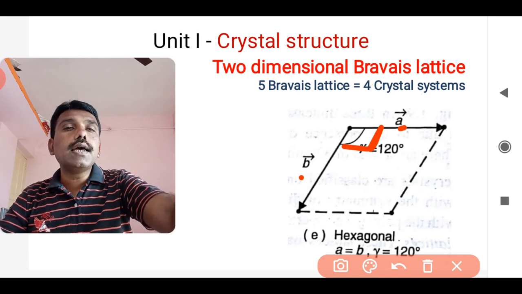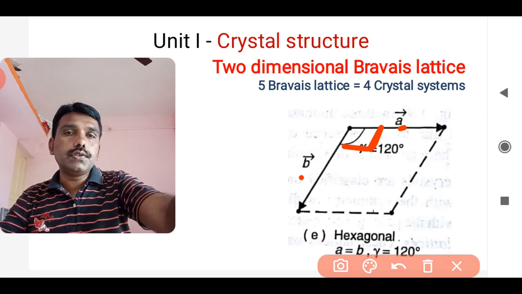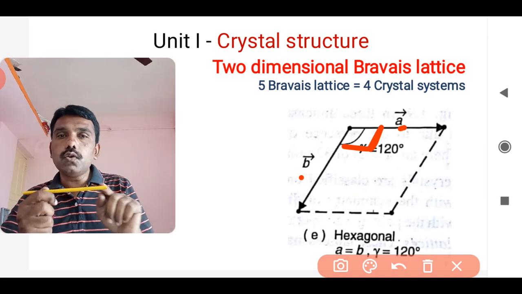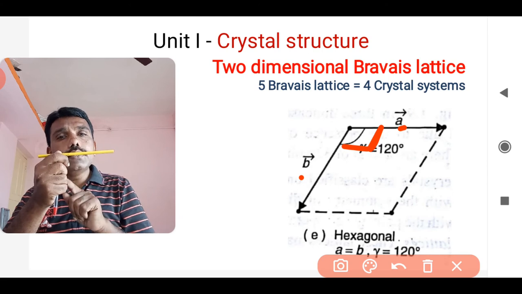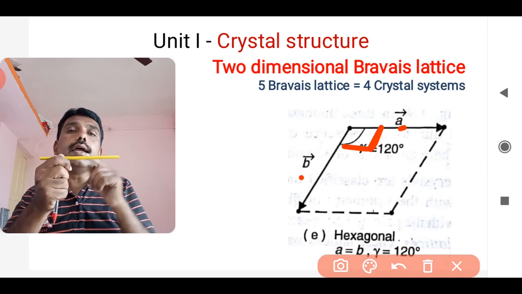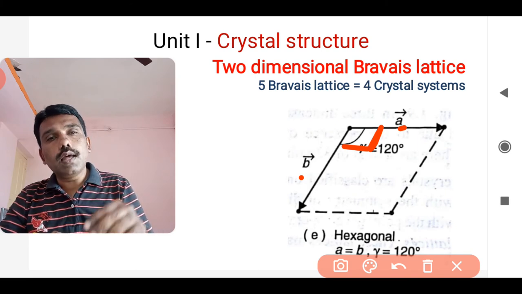So these are exactly the 5 Bravais lattices as far as the two-dimensional cases are concerned. No doubt it is two-dimensional, that's why there are two vectors, and according to their different lengths and different angles in between them, 5 types of possible Bravais lattices are shown in this case.